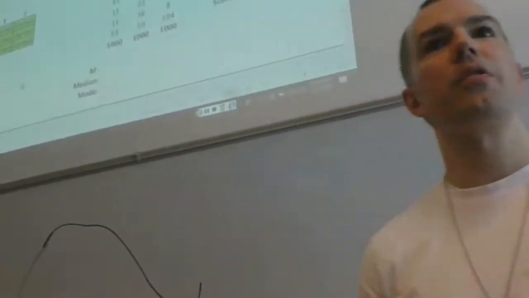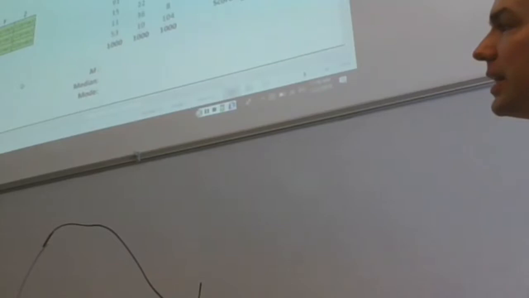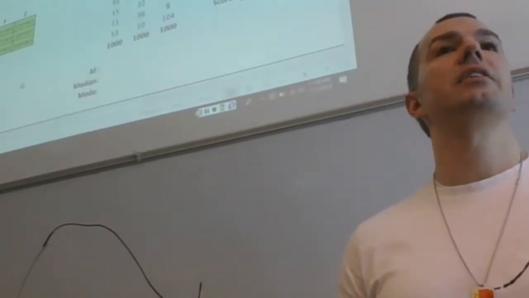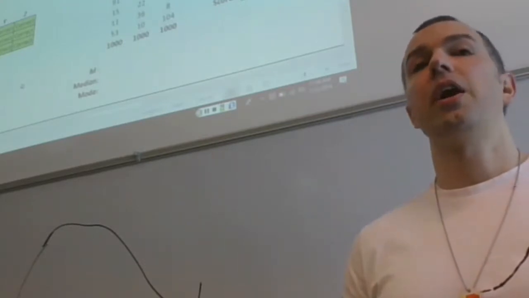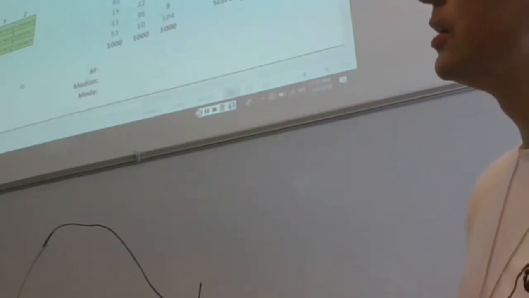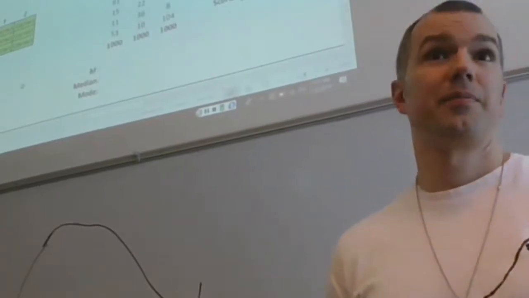All right, so notice here, the mode is kind of all over the place. And this is something that oftentimes happens with data that has very few numbers of scores. So in this case, we only have 12 X scores. And 15 is the mode because it occurs twice.